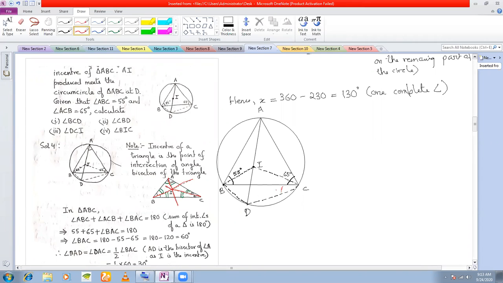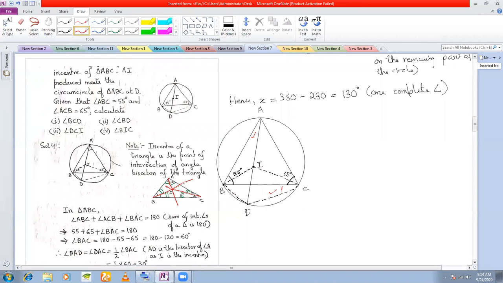Now, if you see this angle BCD, this angle BCD, and this angle here, they are on the same segment. Do you agree? Do you agree or not? That these two angles that I have ticked, they are on the same segment. And which segment?